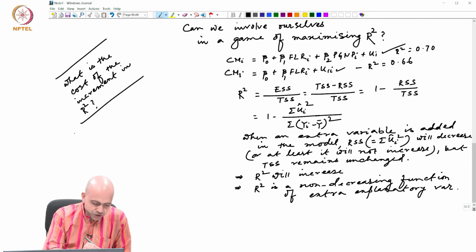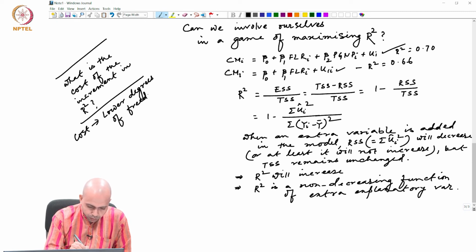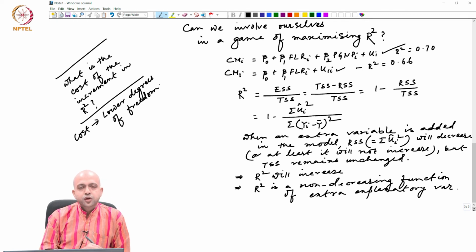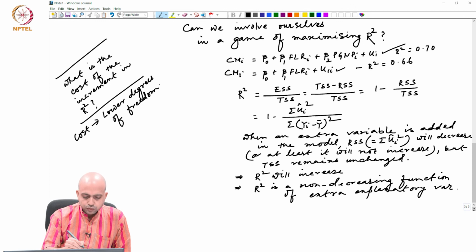So the cost is lower degrees of freedom, based on which the parameters are estimated.